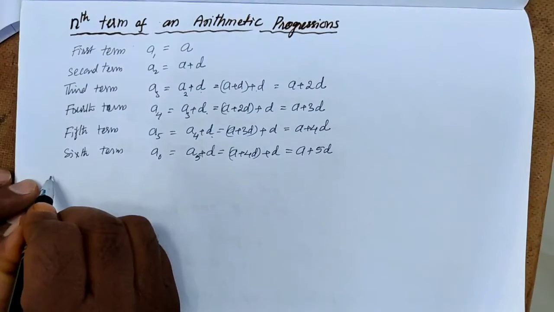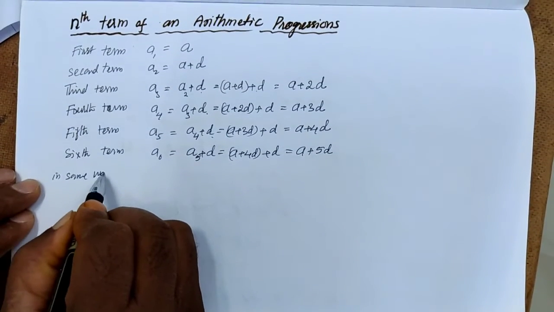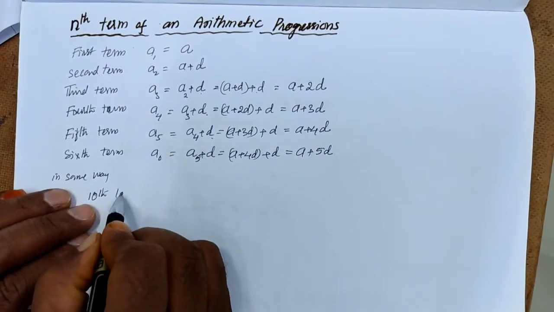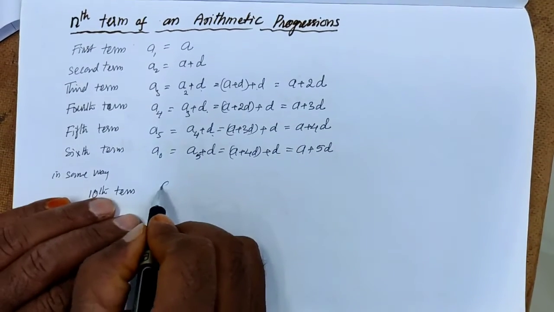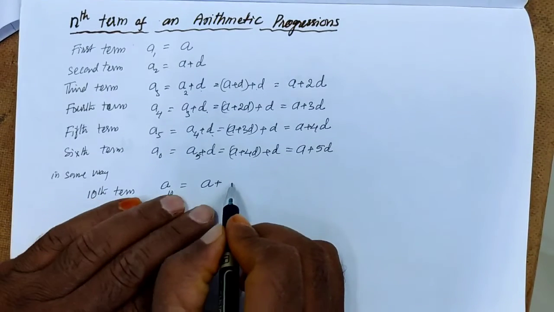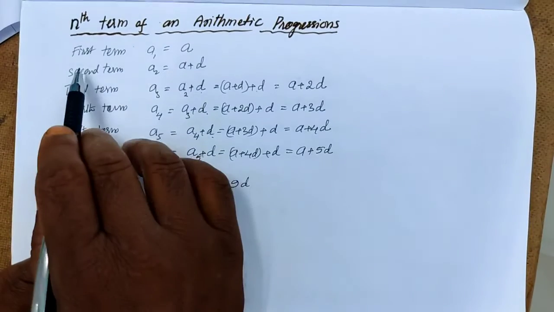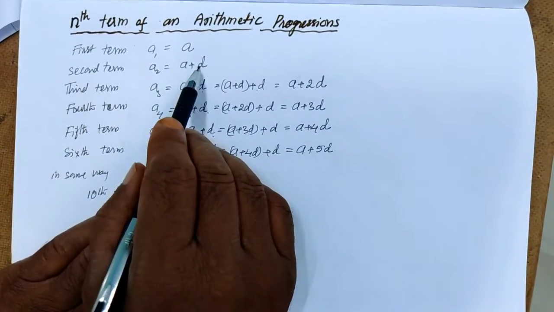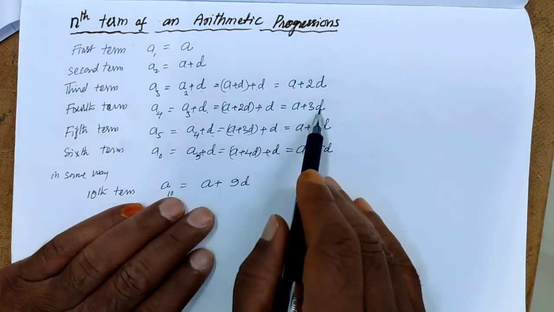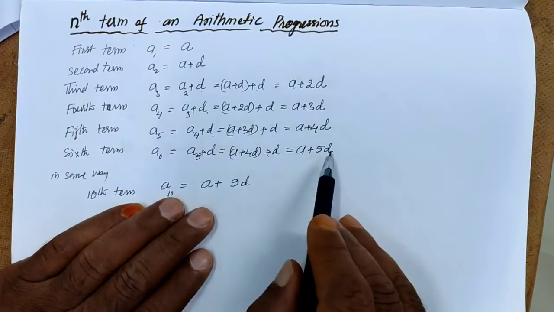So similarly, in the same way, the tenth term a10 is equal to a plus 9d. We can write a plus 9d because second term is a plus 1d, third term a plus 2d, fourth term a plus 3d, fifth term a plus 4d, sixth term a plus 5d.